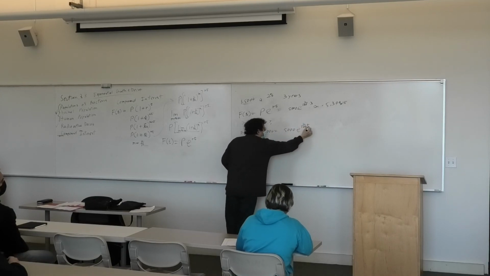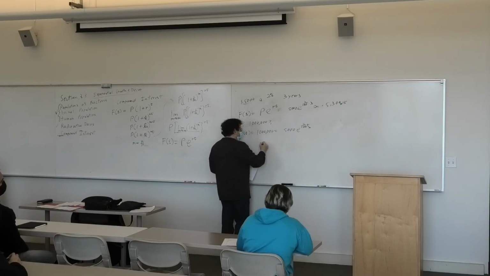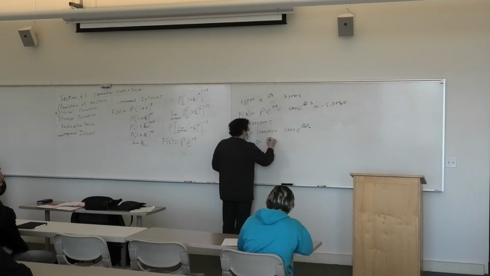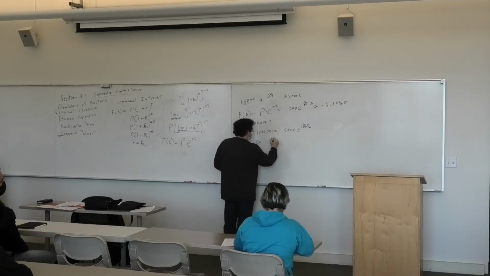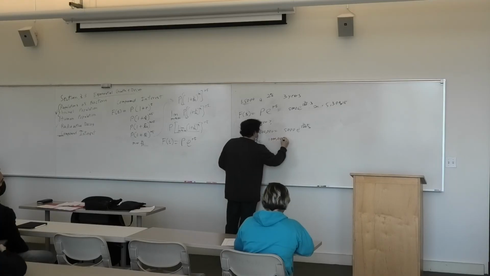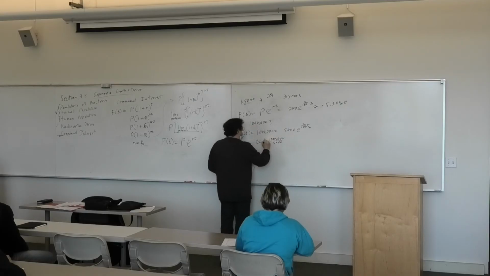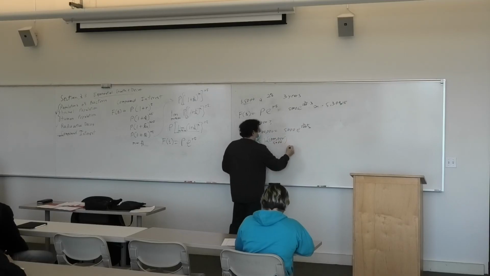So again, you can solve for t. Divide through by 5,000. Find the natural log of this, and then divide by 2 over 100.